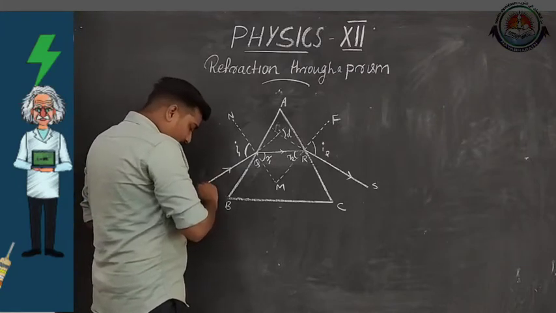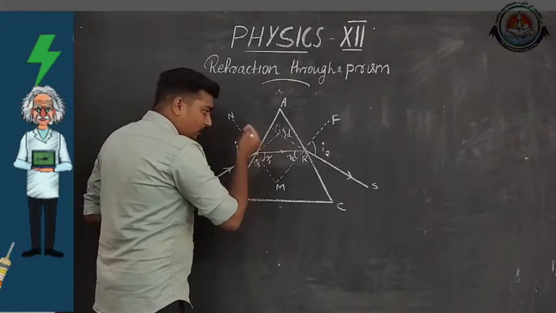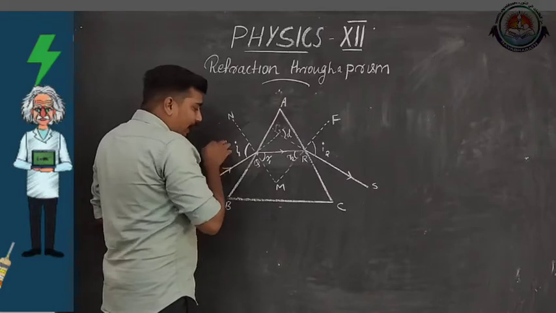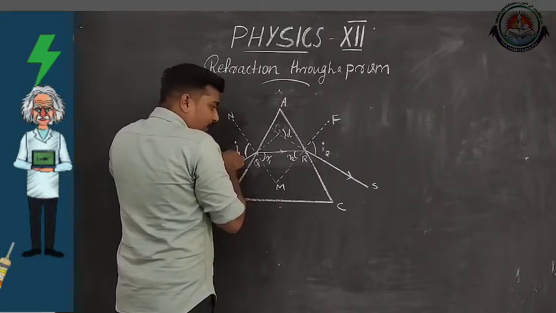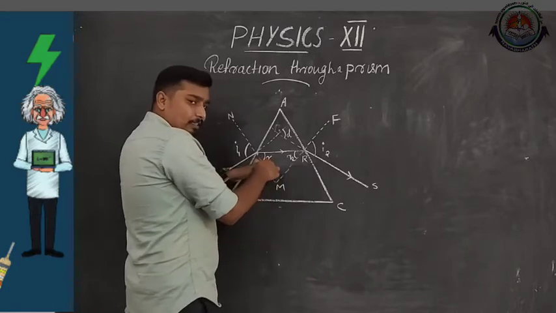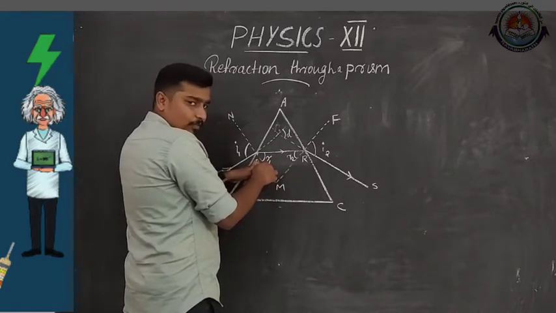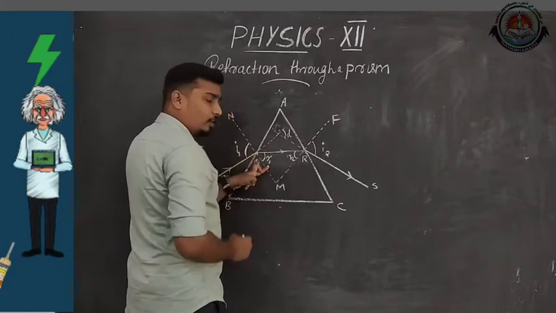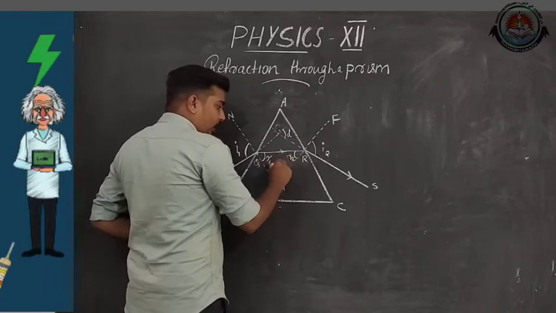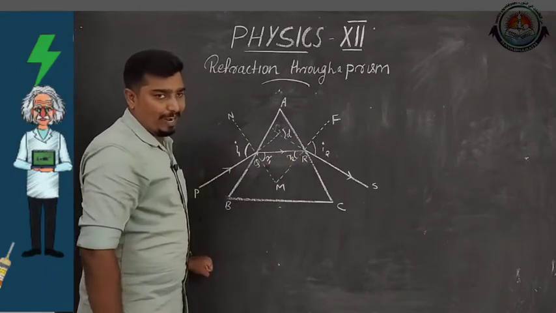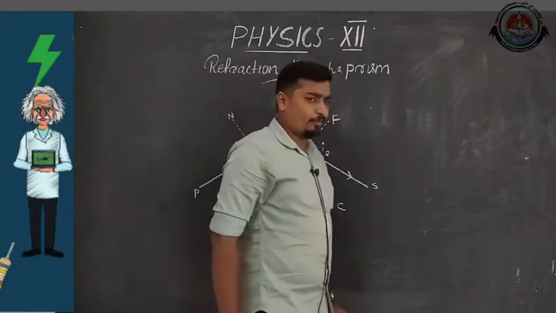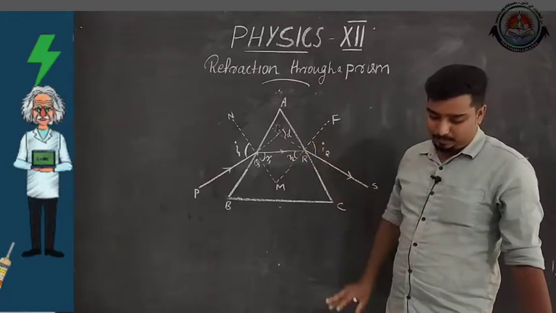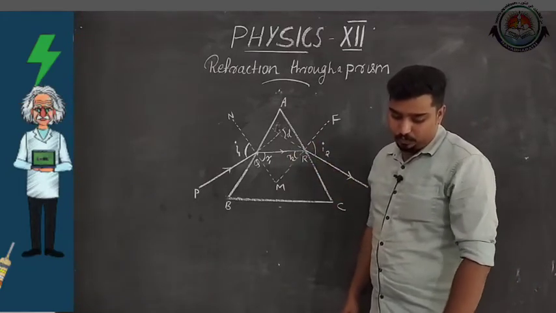The light is coming from air to glass, and this AB is the interface. The angle of incidence is represented as I1, and the angle of refraction inside the glass prism is R1 and R2. Here R1 and R2 are the angles of refraction inside the glass prism.